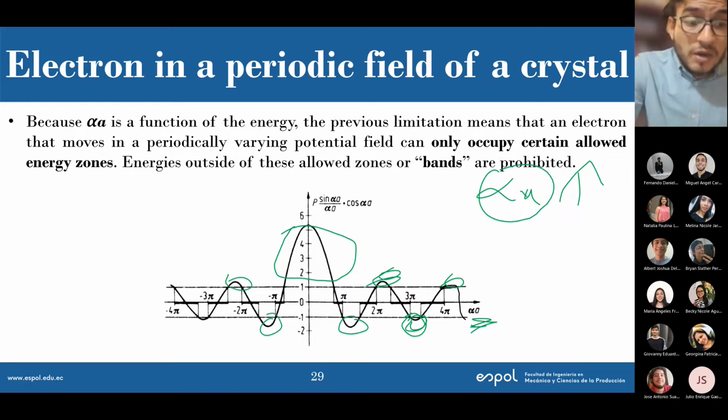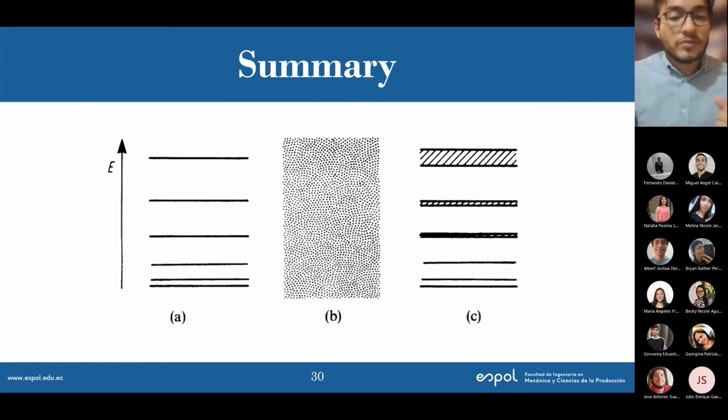Here's bigger, here it becomes narrower, even narrower. So as I increase it, the size of those forbidden bands becomes narrower and narrower. What does that mean, guys? Well, let's see it in a clearer picture.